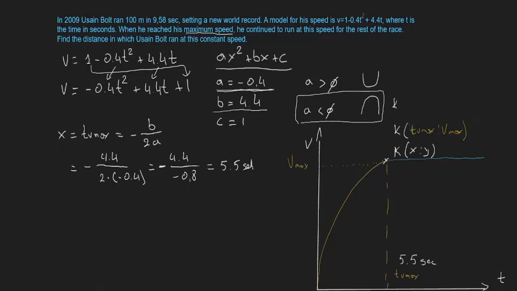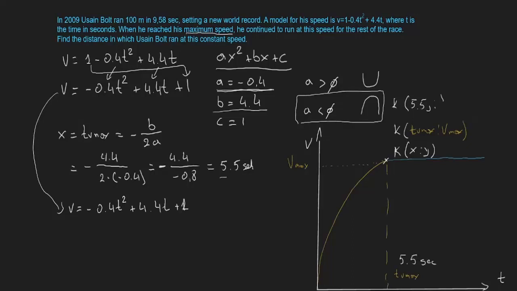We write down here 5.5 seconds. Now we have to find Vmax. We have the formula for v, and we use it. So v equals minus 0.4 t squared plus 4.4 t plus 1.